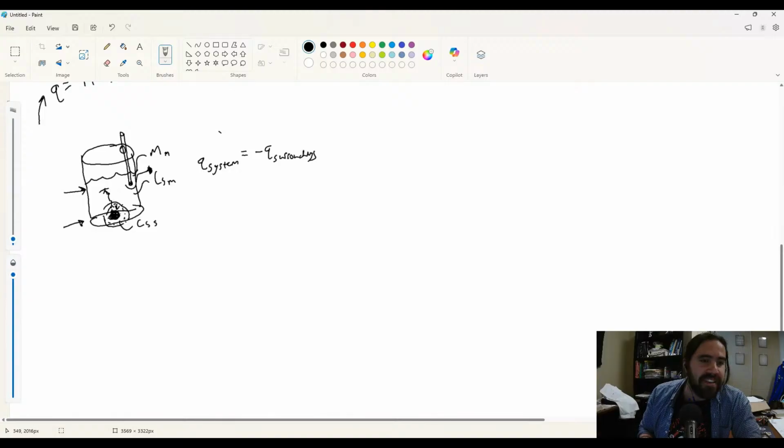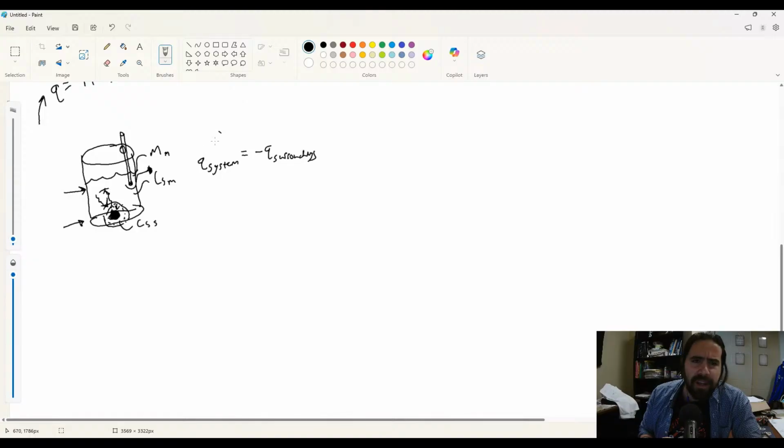If this system has to be absorbing heat in order for it to work, it has to absorb the heat from somewhere, and the medium is the only thing that it's coming in contact with, so that heat has to be extracted from the medium. So for this reason, the heat transfer in the system is equal to the negative heat transfer of the surroundings. Okay.